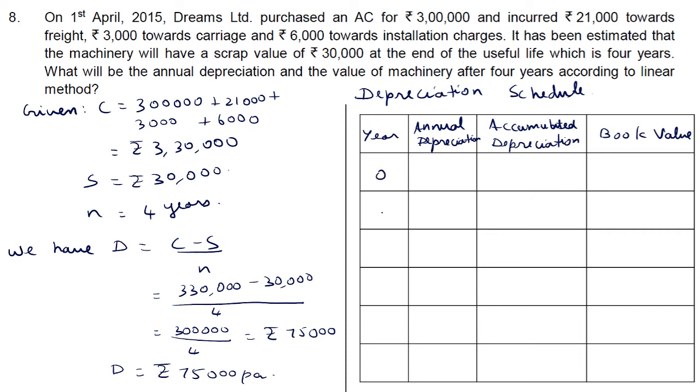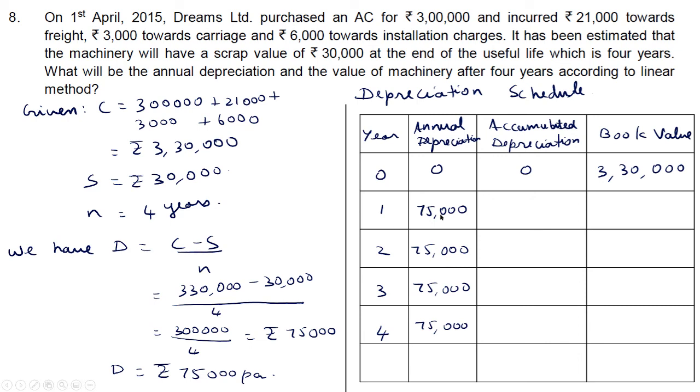So the useful life of machine is 4 years. So we have 0, 1, 2, 3 and 4. At the beginning of the year the depreciation is 0, accumulated depreciation is also 0, and the book value is 3,30,000. Then at the end of first year, annual depreciation is 75,000, second year also 75,000, third year also 75,000, and fourth year also 75,000.